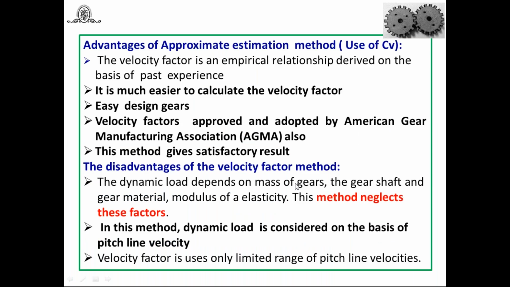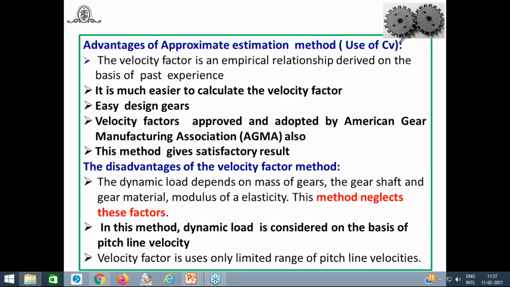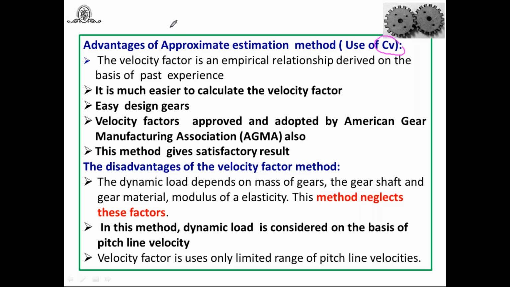Now we are going to see what are the advantages of this CV or velocity factor. Why are we designing the spur gear by using these preliminary stages of gear design using CV? This velocity factor has some advantages.